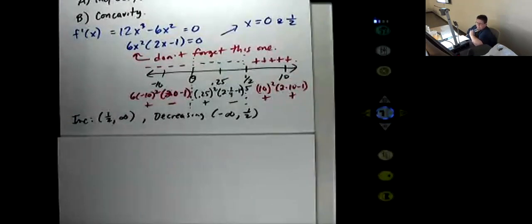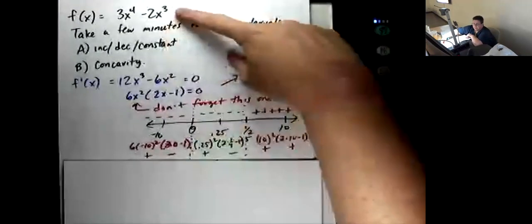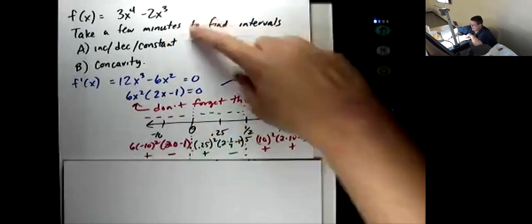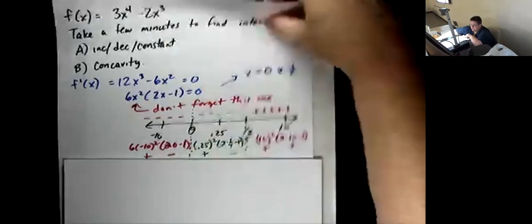What do you mean, Isaac? We don't need to actually factor this one up here. Factoring f prime of x helped us find the regions.